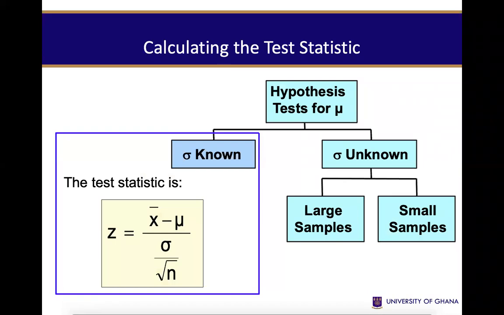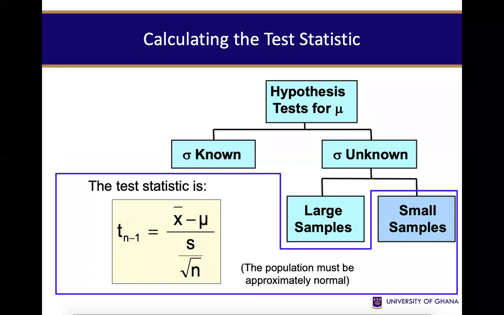Number one, when your population standard deviation is known, and also when it is unknown but the sample sizes are large. The only time, for the purpose of this course, that we'll be using a T distribution to determine our critical value is when we have smaller sample sizes and unknown population variances, or standard deviation, however you would put it. So please take note of that.